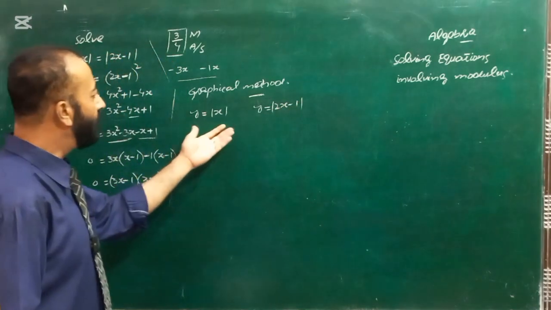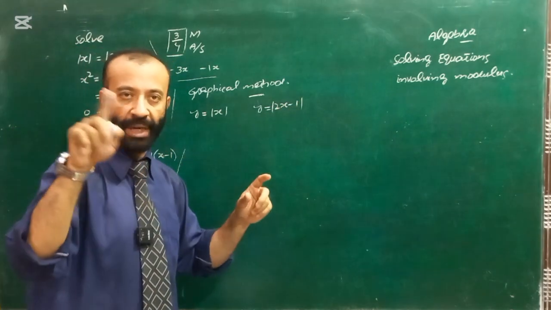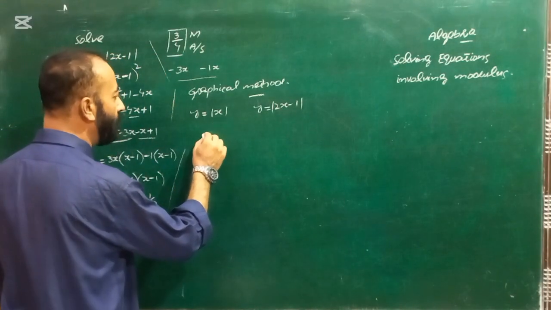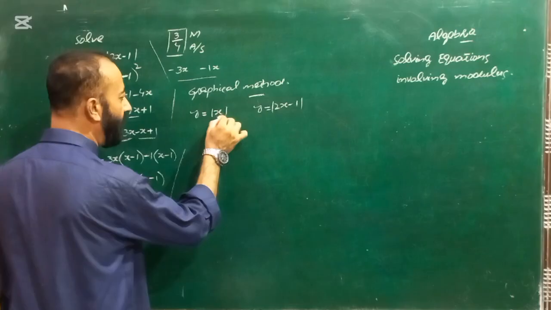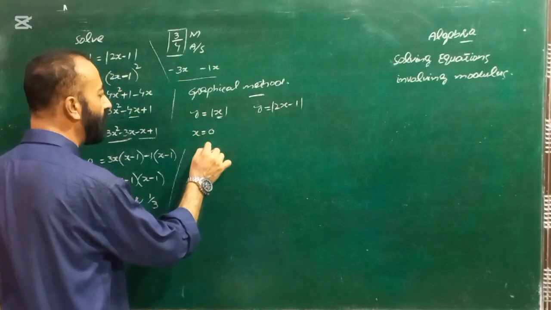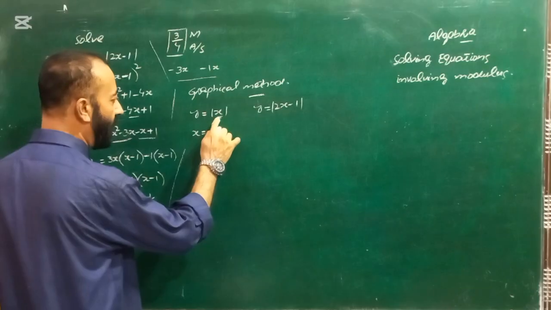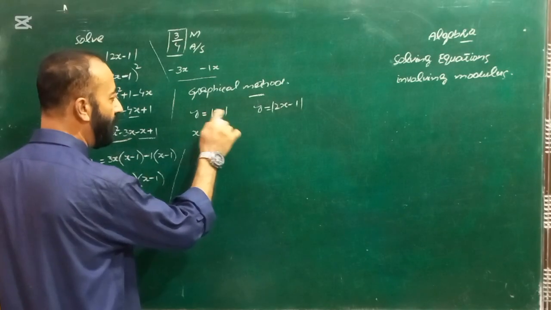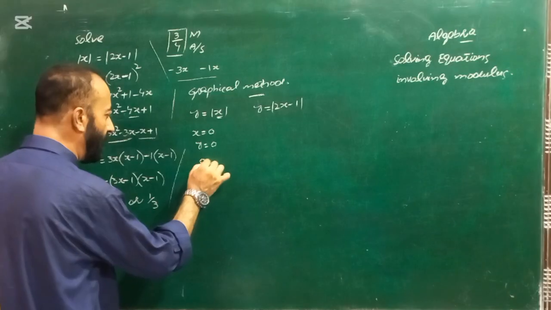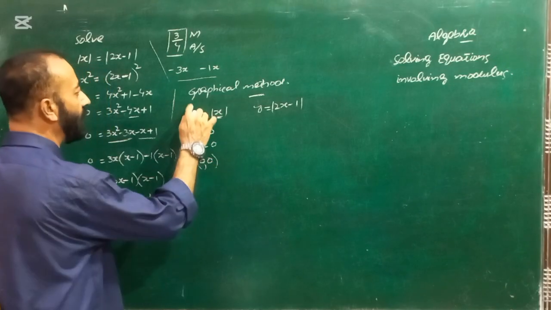So both of these will have V-shaped graphs. For this, first we have to find the vertex by taking the expression inside the modulus equal to 0. So x will be equal to 0, and by putting this, y will also be 0. So first, (0, 0) is the vertex of this graph.